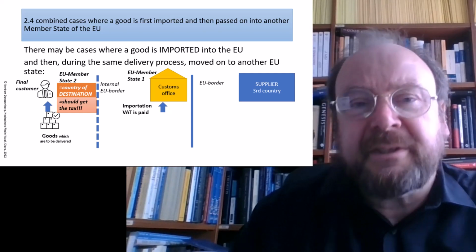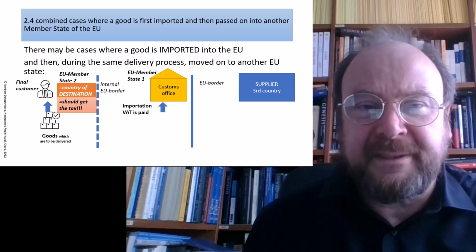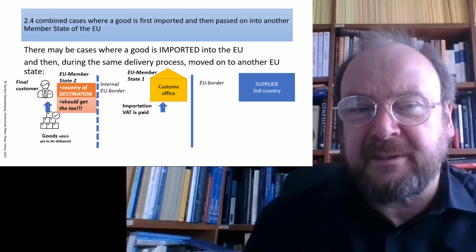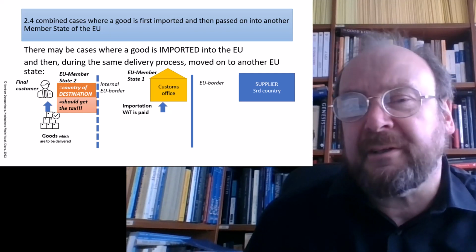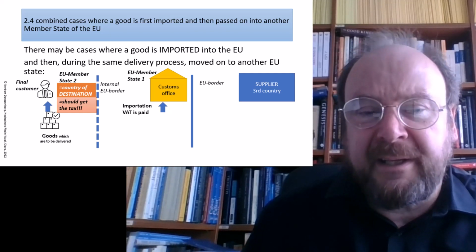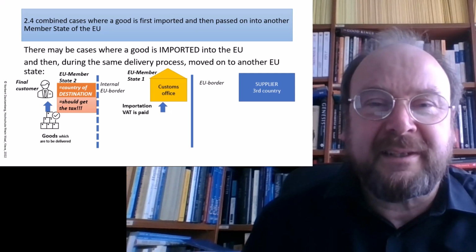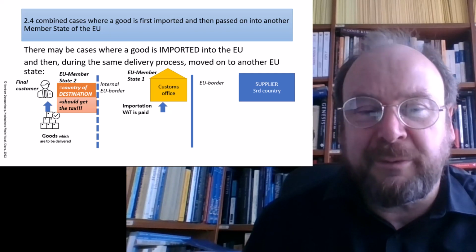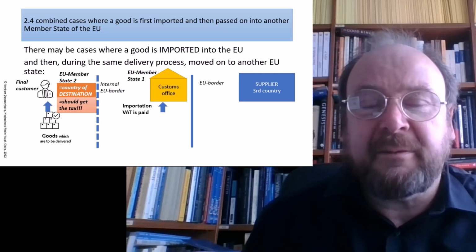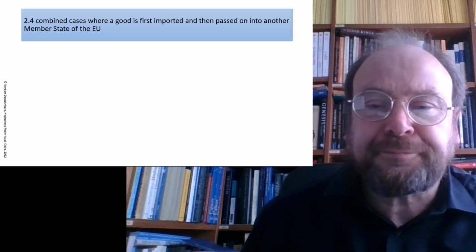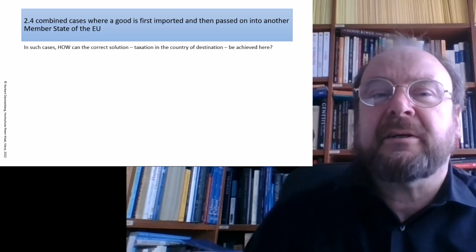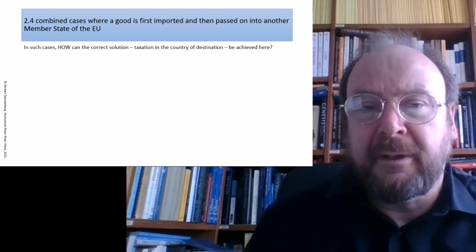The only question is, how do we organize that in our system of legal rules, so that indeed the tax will be paid in the final destination and the good does not vanish into nowhere untaxed in the meantime. And so let's have a look. How can a correct solution be achieved here?